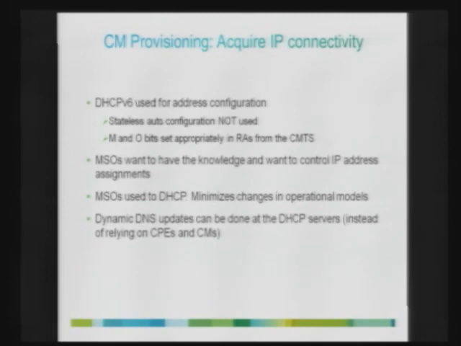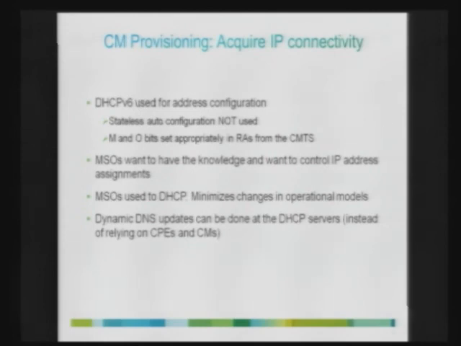So the router advertisement message, which is supposed to be sent out periodically by the CMTS or in response to a router solicitation message, will need to have the M and O bits set appropriately. If you recall our DHCP-V6 section, M tells the nodes, depending upon the setting, whether IPv6 address acquisition happens through DHCP-V6 or auto configuration.